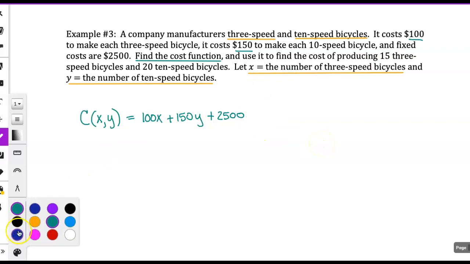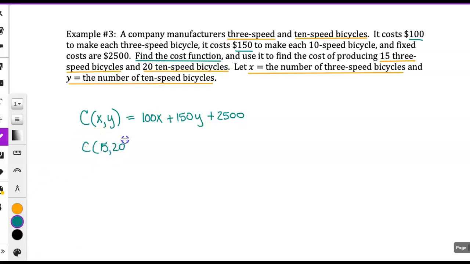Finally, it says, let's find the cost to produce 15 3-speed bicycles and 20 10-speed bicycles. So what we would be figuring out is C of 15, 20. So it would be 100 times 15 plus 150 times 20 plus 2,500.